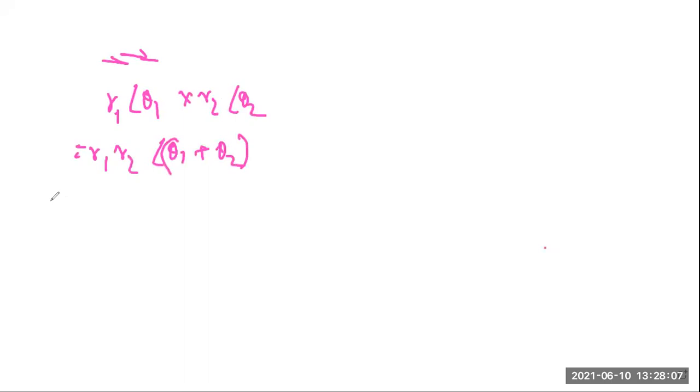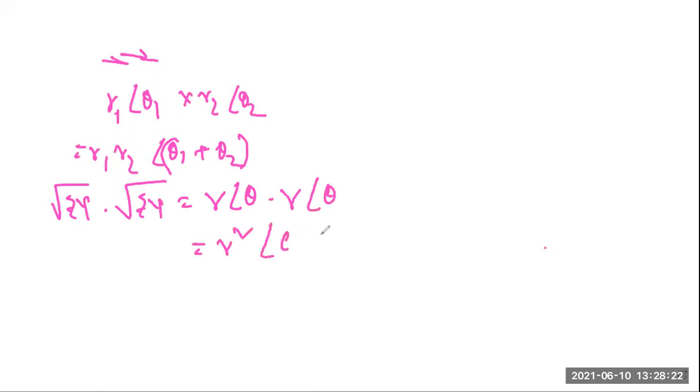Similarly, square root of ZY into square root of ZY: let us say this value is r into theta and the other is also r into theta. Then this will be r square and the angle theta plus theta, so basically r square into 2 theta. Is this clear? Yes, sir.